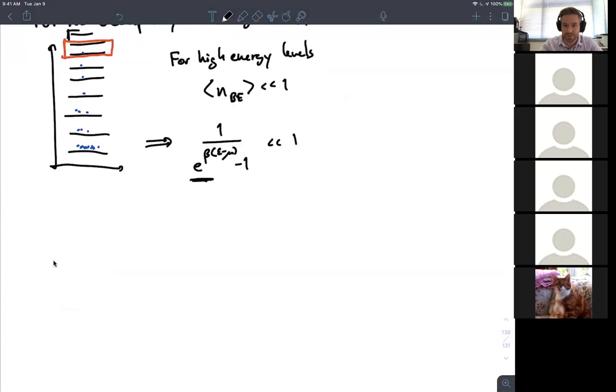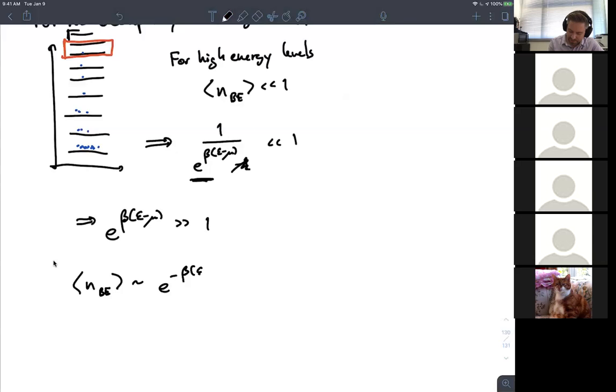In order for this thing to be very small, you need the denominator to be very large. So that implies that e to the beta epsilon minus mu is much, much greater than 1. If that's the case, you can essentially ignore that 1, and the average occupation level at high energies looks like just e to the minus beta epsilon minus mu.